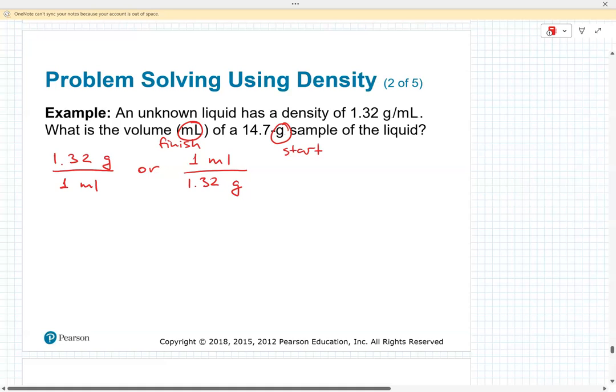Okay? So our start is 14.7 grams. In the conversion factor, what should go on the bottom? Whatever. I really don't care about the numbers in this case. Does that make sense to you all?